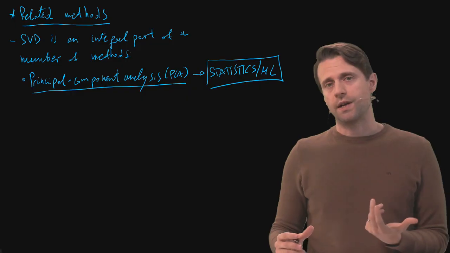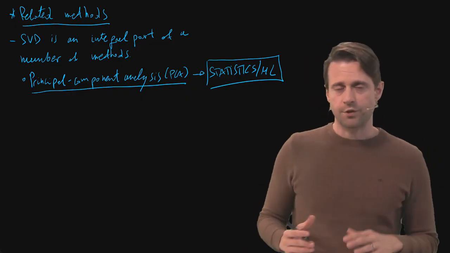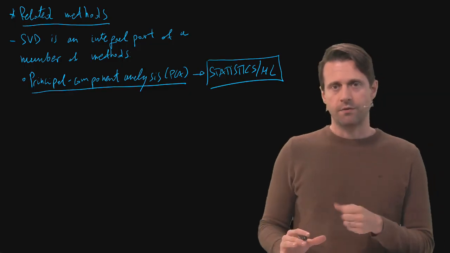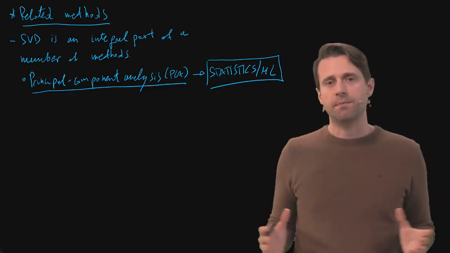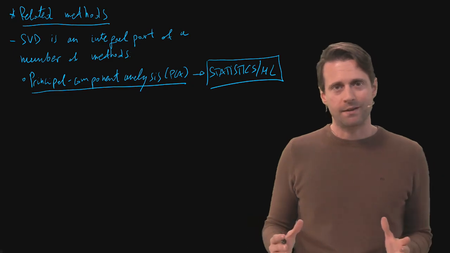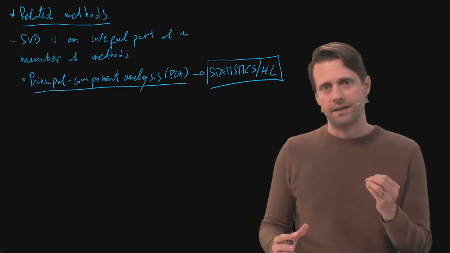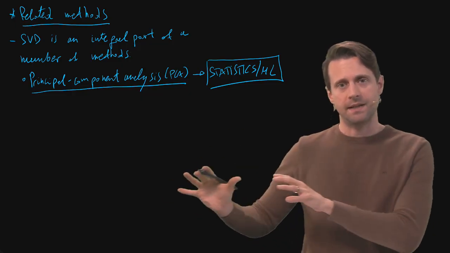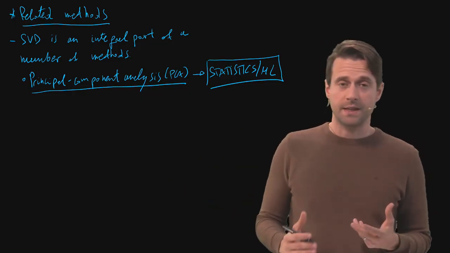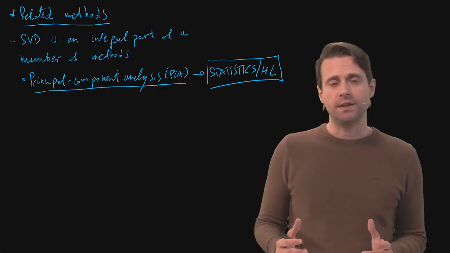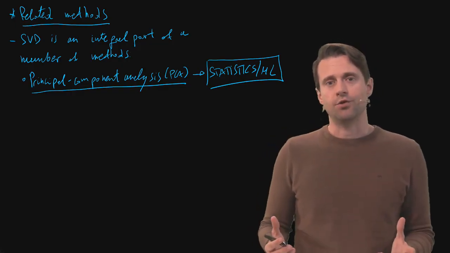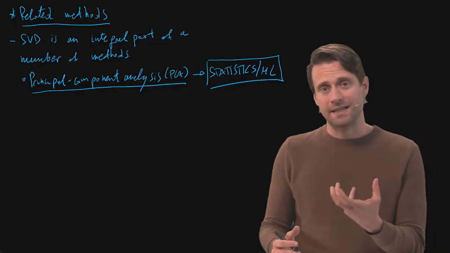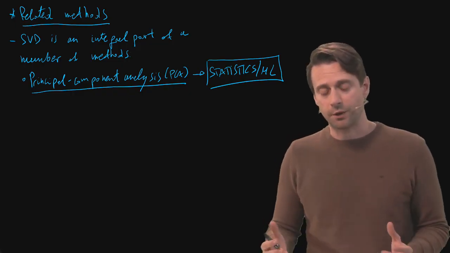Depending on the community that you are reading for your papers or that you're discussing with, at the end, we are talking almost about the same thing. So if you read in some book or in some paper, PCA, principal component analysis, don't get scared. This is something that is essentially the SVD, and everything that you learn from the SVD will be helpful for you to understand the PCA in a number of flow cases and a number of problems. In particular, in the ML community, PCA is the term that is used all the time. But of course, in mathematics, in linear algebra, it is actually the SVD that we are talking about.